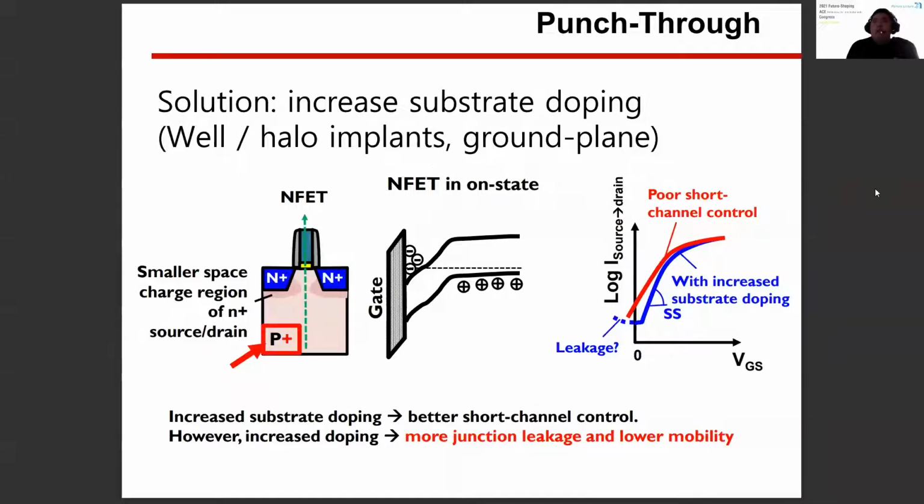One way to deal with this punch-through effect is to dope the body substrate harder than in normal devices. This means the amount of the depletion region depends on the amount of the doping elements.